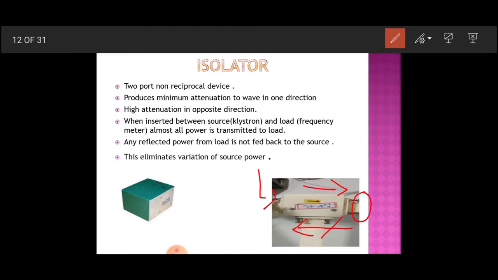Thereby, it eliminates the variation of source power. An isolator can produce a microwave signal with insertion loss and isolation loss of 1 dB and 20 to 30 dB.